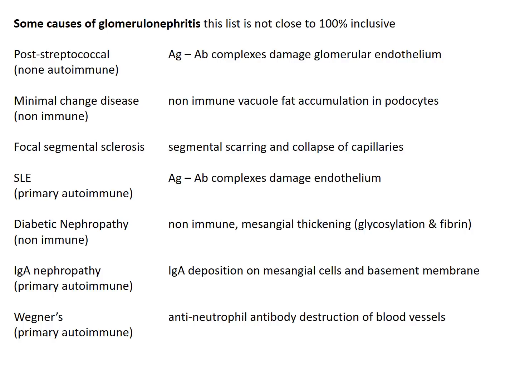There are a lot of different causes of glomerulonephritis. This list is not 100% inclusive. You can see post-streptococcal, minimal change, FSGS, lupus, diabetes, Wegener's. You can see that they're all some form of glomerulonephritis, but there's some underlying different pathology which is happening in each.